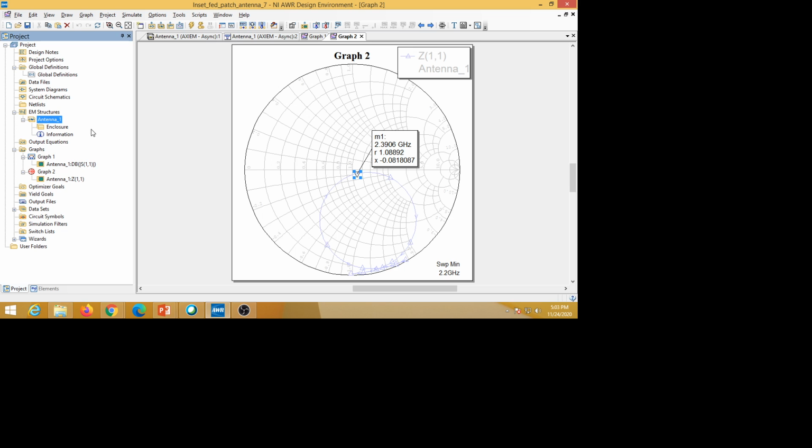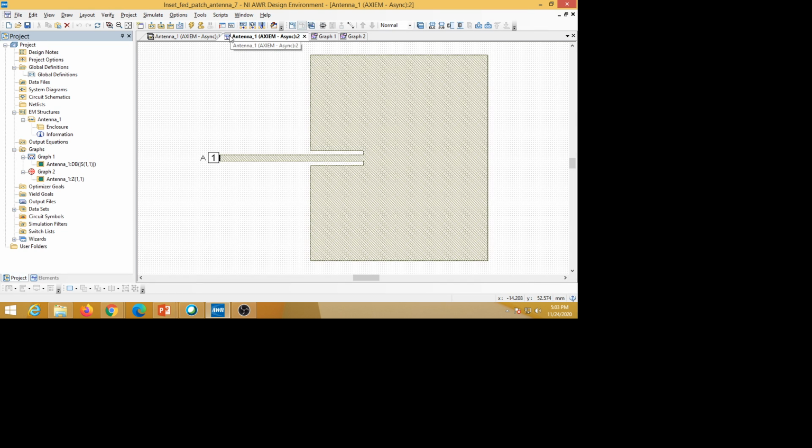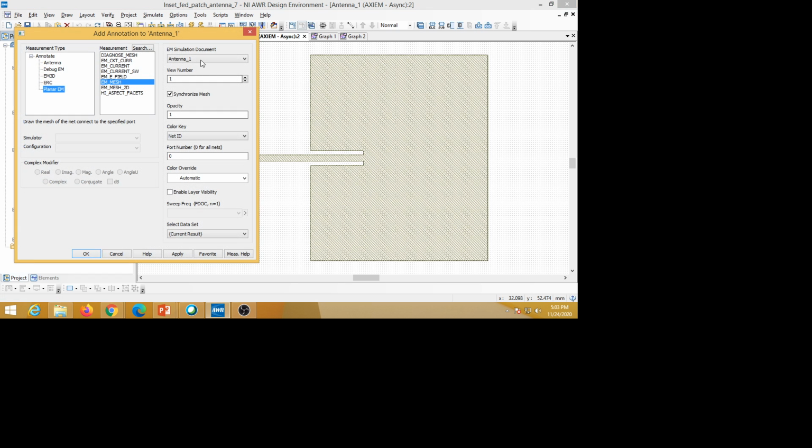Okay, so now to see the current distribution, you should add this annotation. See, this symbol is there, you click over that EM annotation, and this window will appear.